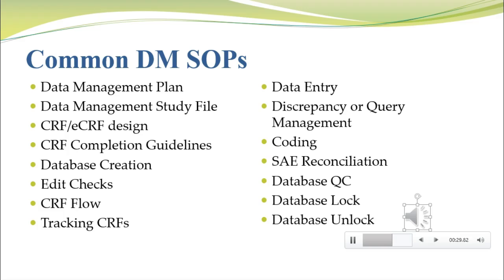So if you are creating a data management plan, you want an SOP that tells you how to create that plan. If you have a data management study file, you want an SOP that tells you how to maintain that study file. So really, much like the working instructions and the project-specific instructions, if you do a task, you need to have written documentation for it.